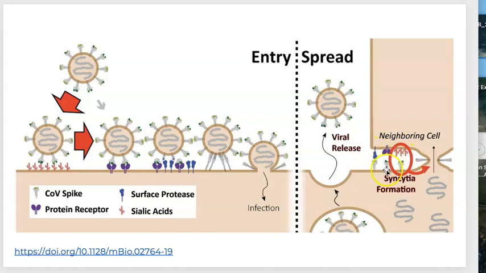And when this attachment takes place between the COVID spike and ACE2 receptor, for example, of a neighboring cell, the surface protease can cut that and basically stimulate this response. But instead of the whole virus entering the cell, in this particular case, it causes the cells to form syncytia, which is basically just a bridge between their cytoplasms.